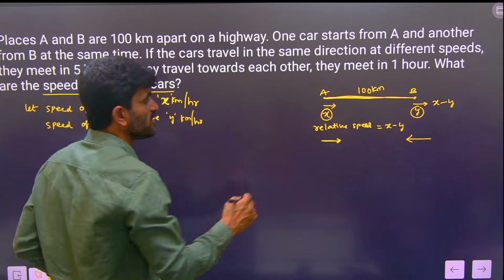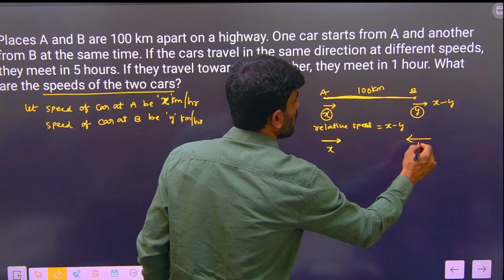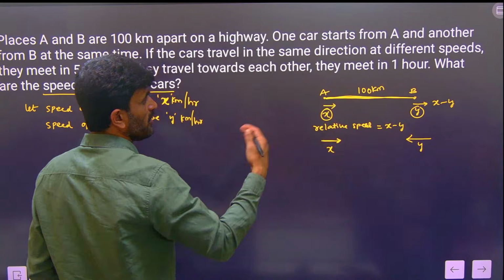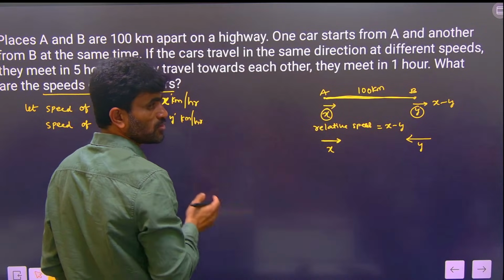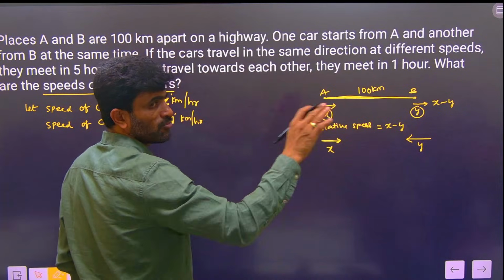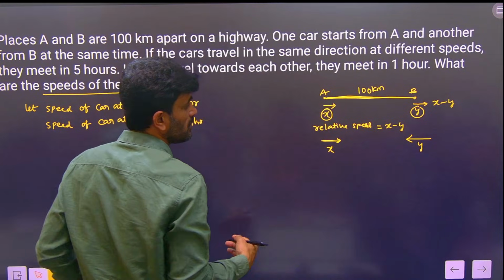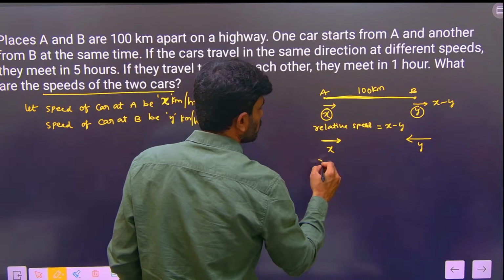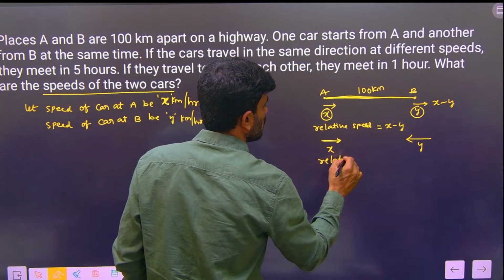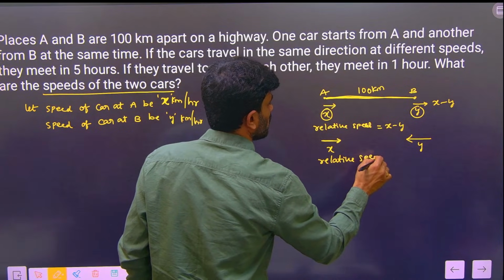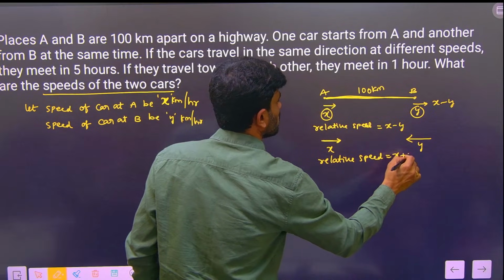So in this case, both the cars' speeds will be added. In the previous case, it is subtracted because one is going one side and the other is going behind it. But when they come from opposite directions to meet, the speeds are added. So relative speed here will be x plus y.